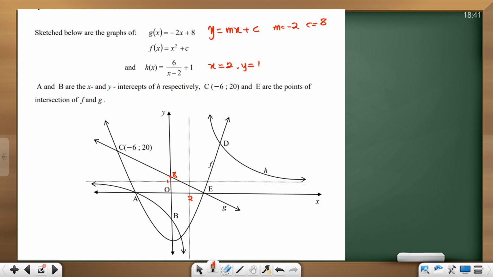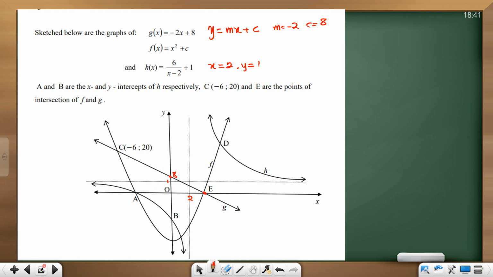By the way, do you know I can get the value of E, though? E at the point of intersection of F and G. Do you think we can get that point? Please get that point for me. Let me see what you would do. They told us that A, B are the X and Y intercepts of H respectively.